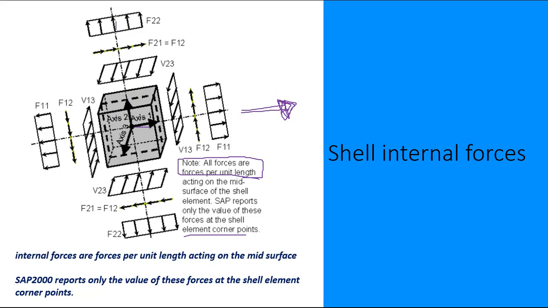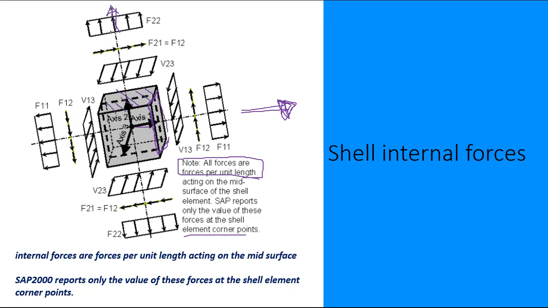F22 means the force along the second direction per unit length. You can see F12 is acting on this first plane along the second direction, and F21 is on the second plane along the first direction.